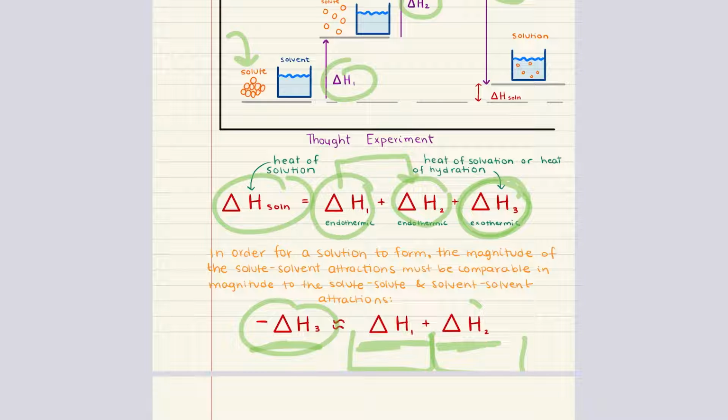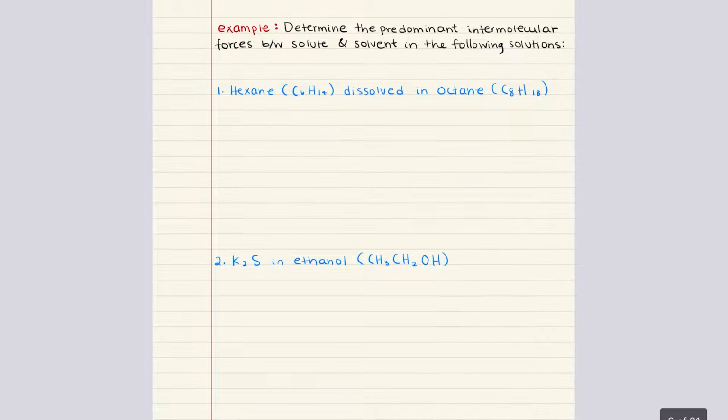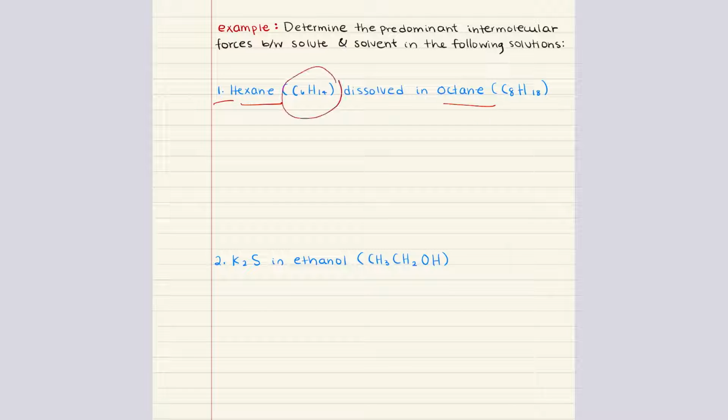With that, let's go ahead and tackle some practice problems together. This problem says, determine the predominant intermolecular forces between solute and solvent in the following solutions. Our first solution is of hexane dissolved in octane, and we're given the molecular formula for hexane, C6H14, and for octane, C8H18.